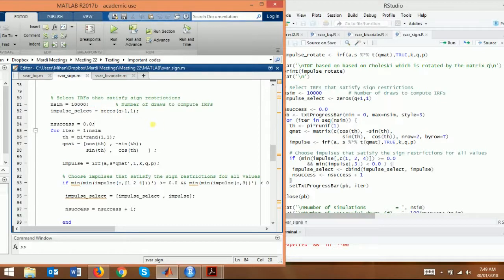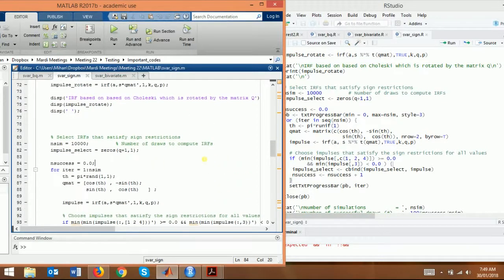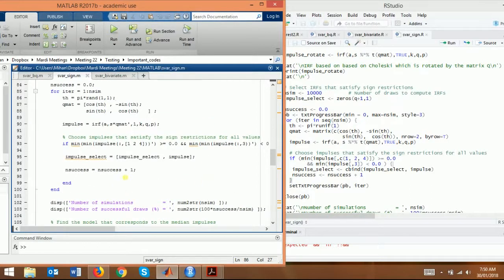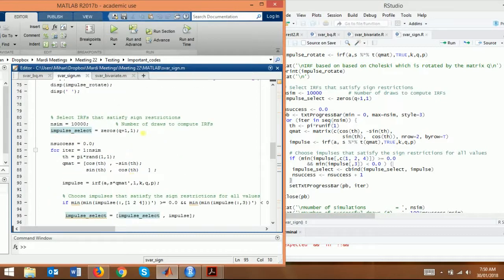Did we create zeros? Probably not. That will slow down the system. We could have created a zeros matrix to store the data. Anyway, oh no, we have impulse select zeros, q plus 1 rows, 1 column. That should work. That should work. Impulse select has zeros, that will store.